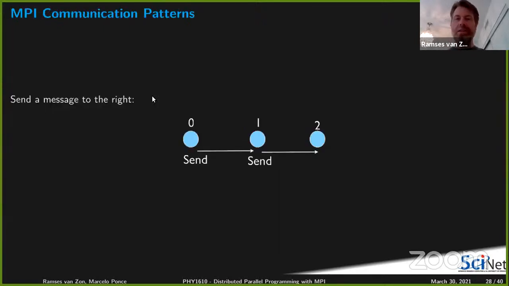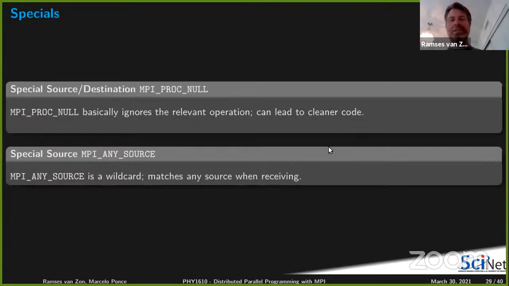There's a few special things that happen here because there's nothing to the right of the last rank. So one thing we can do is use a special destination called MPI proc null. We can do a send, but send it to nowhere, and now it's no longer a blocking call. It just says, okay, if this is null, that is fine.